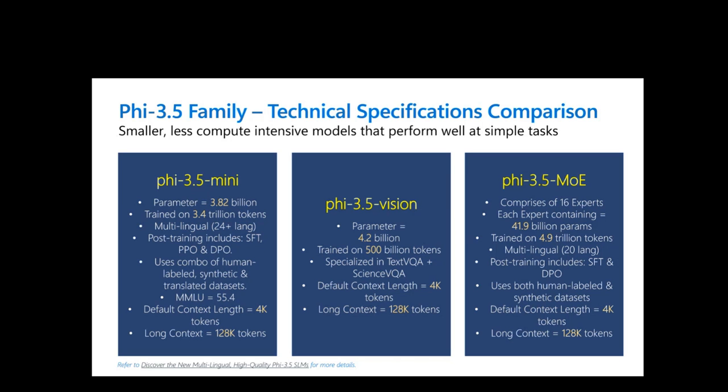Phi-3 vision specializes in, of course, whatever 3.5 does, 3.5 vision can also do, but it is mainly targeted at solving what we'll see in the live demo, text VQA and science VQA type of tasks. What does that mean? That's basically text visual question answering. I have an image in which some text is embedded.